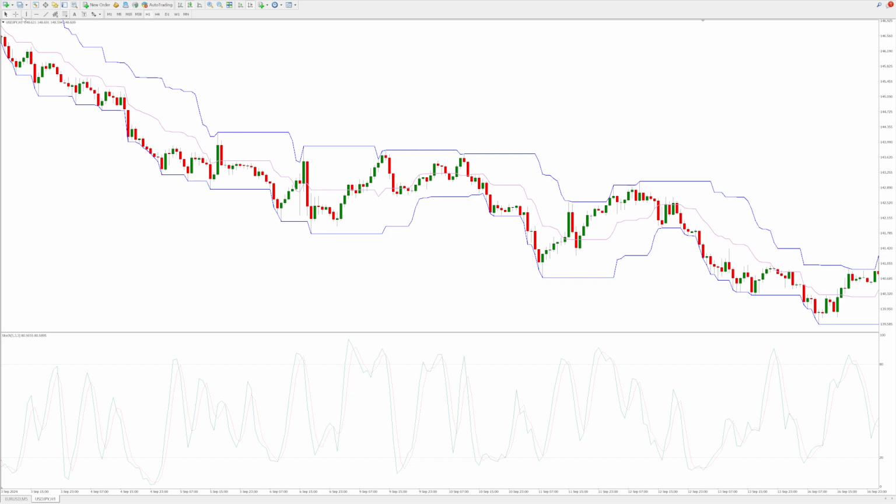Basically, the crossover of a stochastic in an extreme overbought or oversold zone is a trade signal. So we have here, okay, you see we've had a trend downwards, but now the stochastic is here and the market's oversold. It's crossing in an upwards direction.